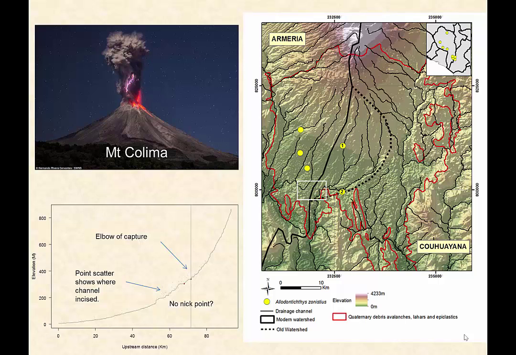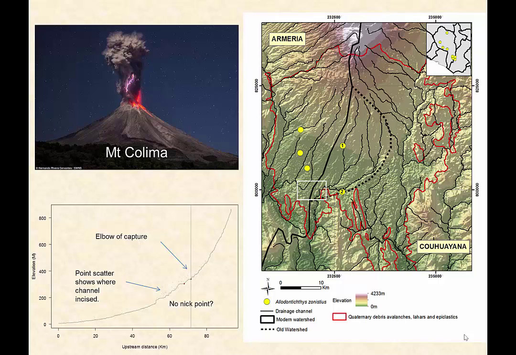So we've got a combination of this change in direction. We can also look at the extent of various eruptions. So this is from the geological map. The red is the extent of Quaternary debris avalanches, lahars and epiclastics, basically explosive eruptions. And we can see that the area that we are in is within this area of Quaternary.